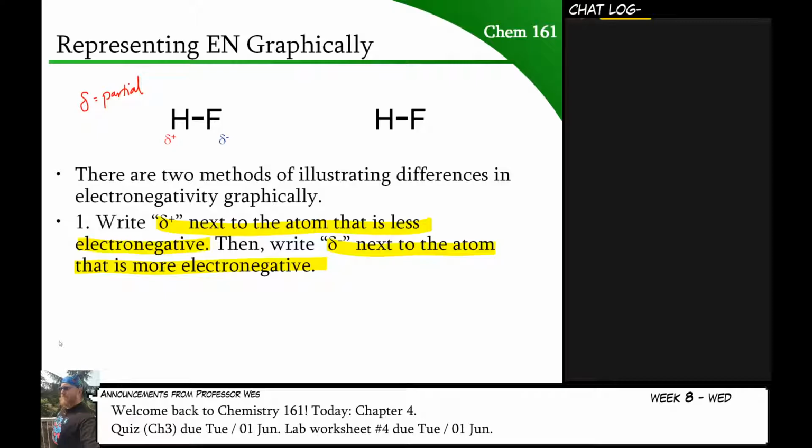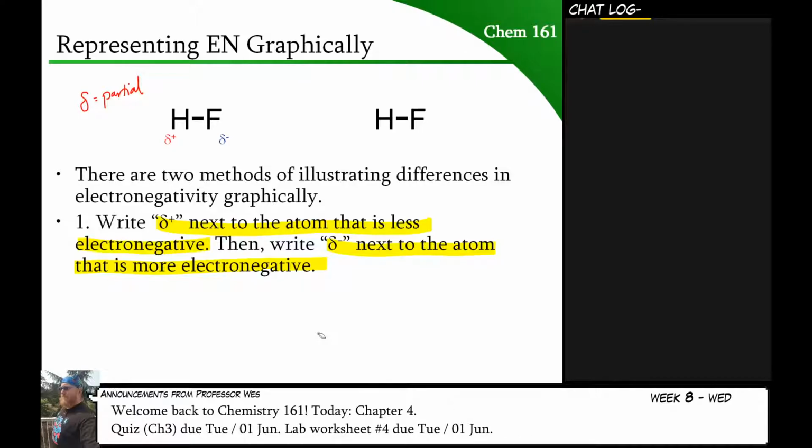For example, water looks like this. If I draw delta plus and delta minus, the top side where the oxygen is is the negative side, and the bottom side where the hydrogens are is the positive side. We'll demonstrate why that is in more detail later. But for now, just keep in mind that you can use this for an entire molecule, and in fact, that's the most common way to do this.